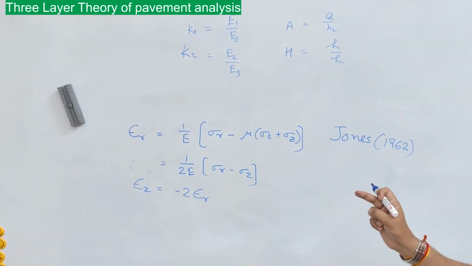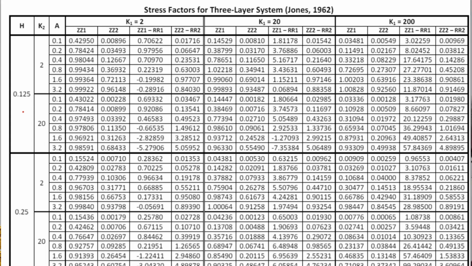Now this table looks like this: you have the value of H, the value of K2, and the value of A. A varies from 0.1 to 3.2, H can vary from 0.125 to 4, and similarly K2 can be 2, 20 or maybe 200 also, and similarly K1 can also be either 2, 20 or 200.